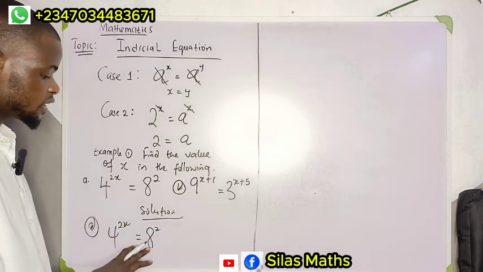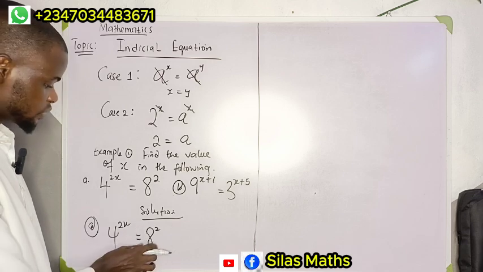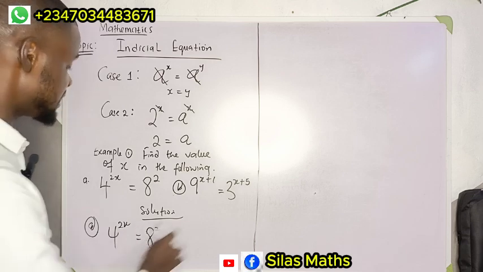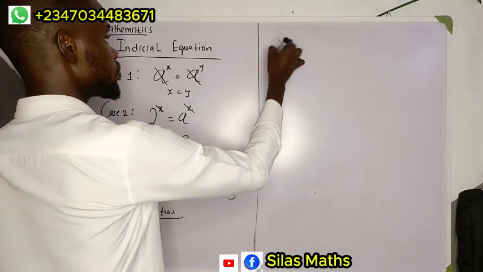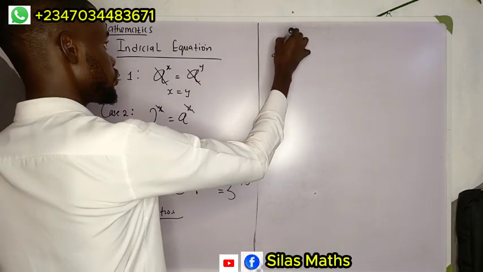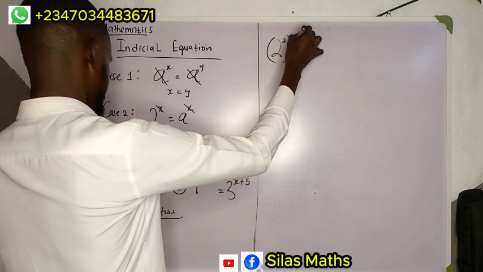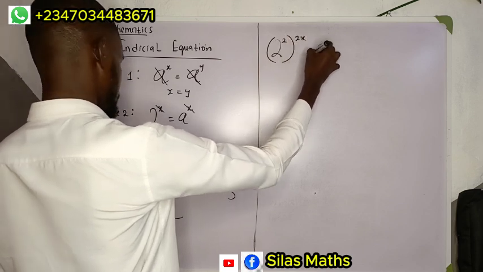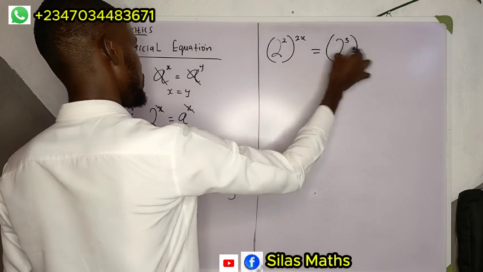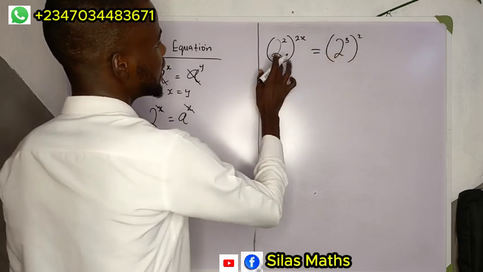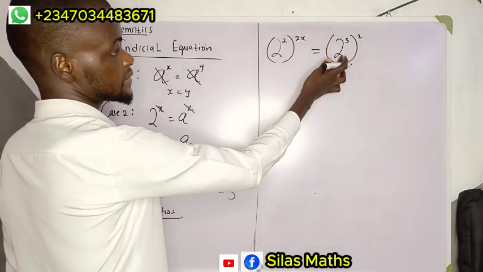The same thing with this one: 2 times itself 3 times will give us 8. So this becomes 2 to the power of 2, all to the power of 2x, equal to 2 to the power of 3, all to the power of 2, where this is 4 and this is 8.